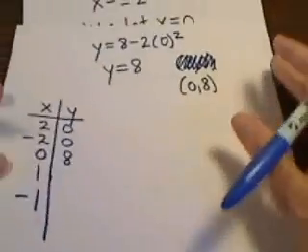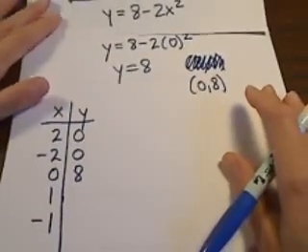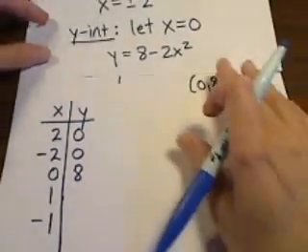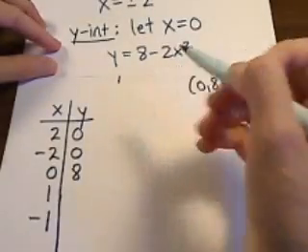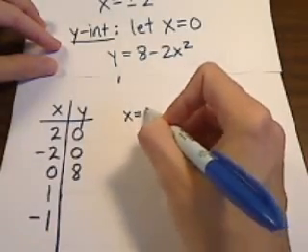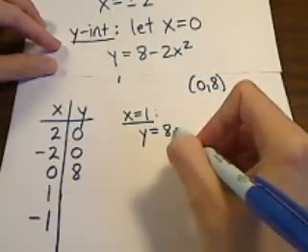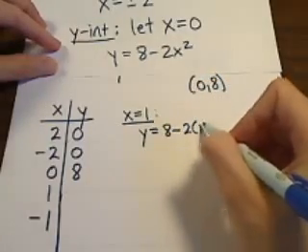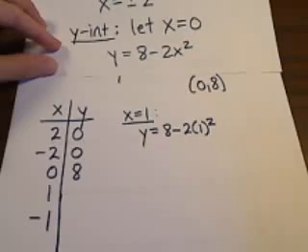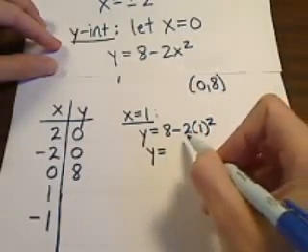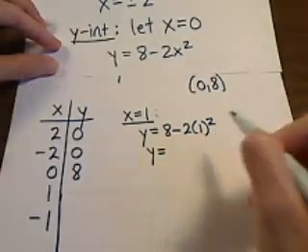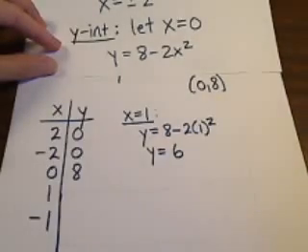Okay. So for y equals 8 minus 2x squared, if I let x equal 1 and I plug that in, then I have y equals 8 minus 2 times 1 squared. And so that's going to be y equaling 8 minus 2, which is 6.